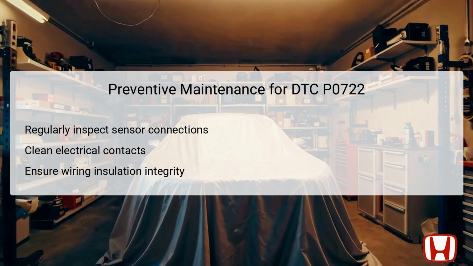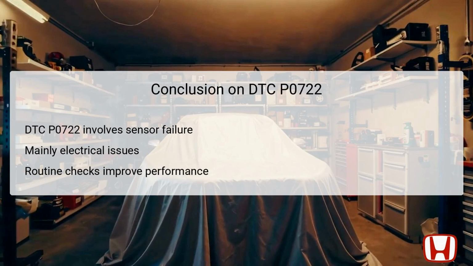Lastly, being proactive with routine diagnostics and vehicle maintenance will significantly extend the reliability of the transmission system, promoting overall vehicle longevity. In summary, the DTC P0722 is indicative of a failure in the output shaft speed sensor, and it specifically highlights an associated electrical issue rather than a mechanical one within the transmission.